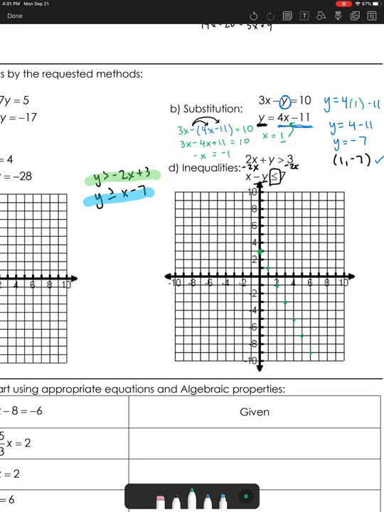And then when I run out of space, I'm going to go up and to the left, up and to the left, up and to the left. And so this inequality is greater than. So that means it is a dotted line.